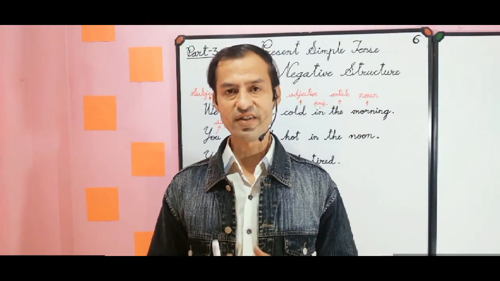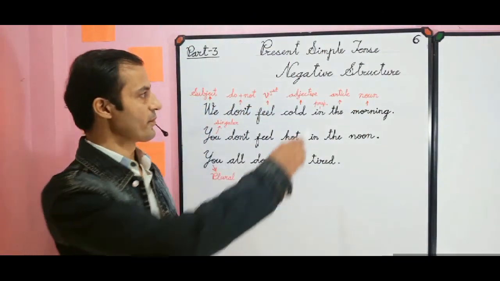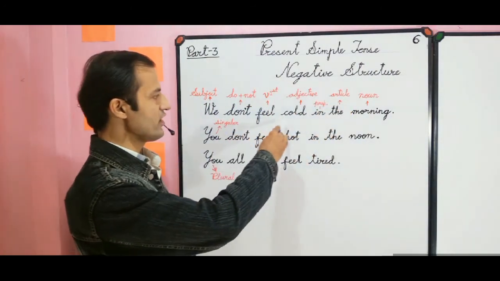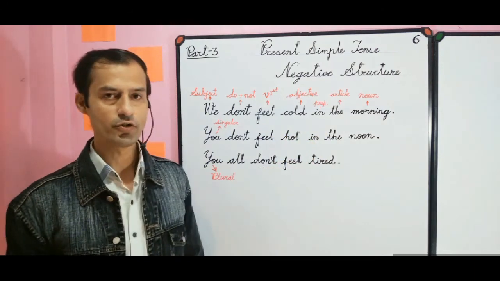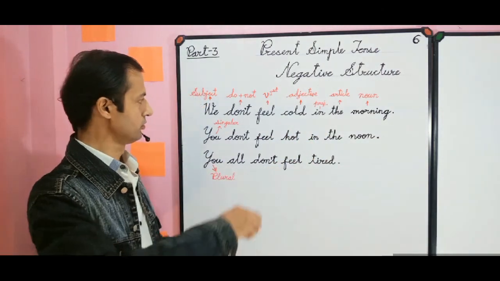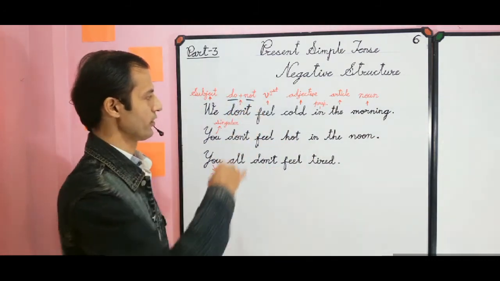So this is the negative structure of present simple tense. And in this sentence, we don't feel cold in the morning. So don't is the shortened form of do plus not.